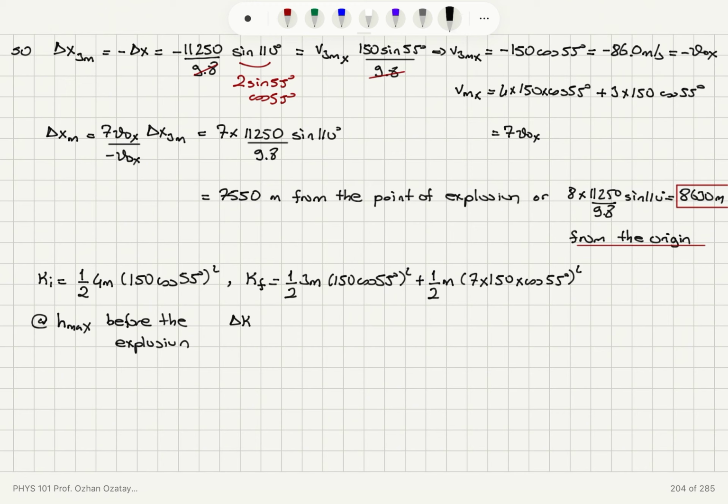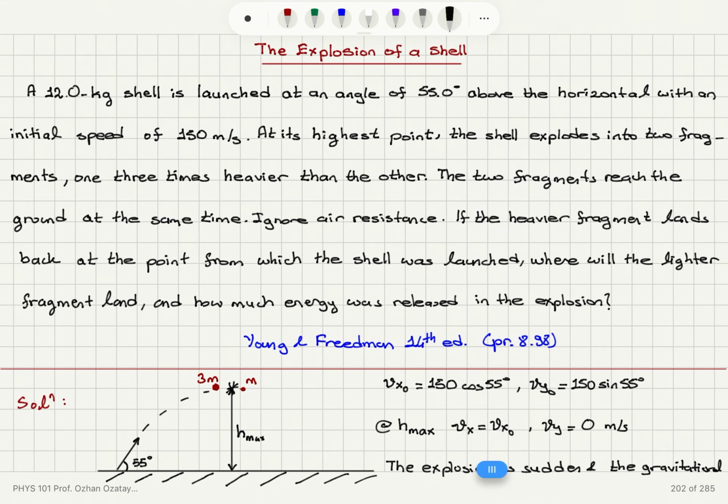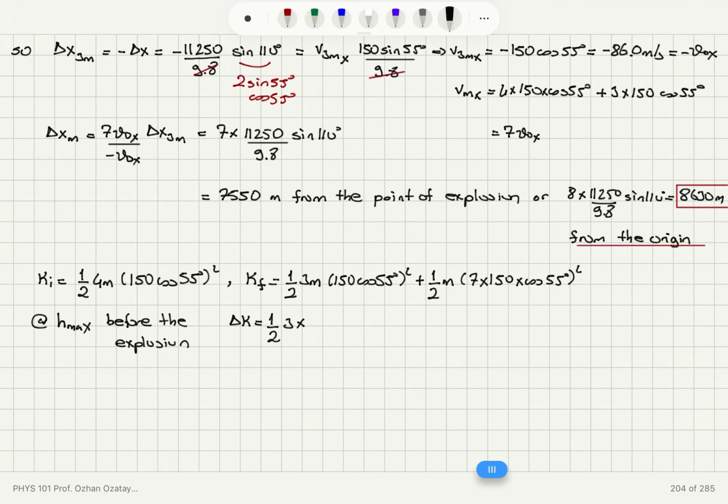So how much is the change in the kinetic energy? It was a 12 kilogram shell, so 4m is 12 kilograms, m is 3 kilograms.